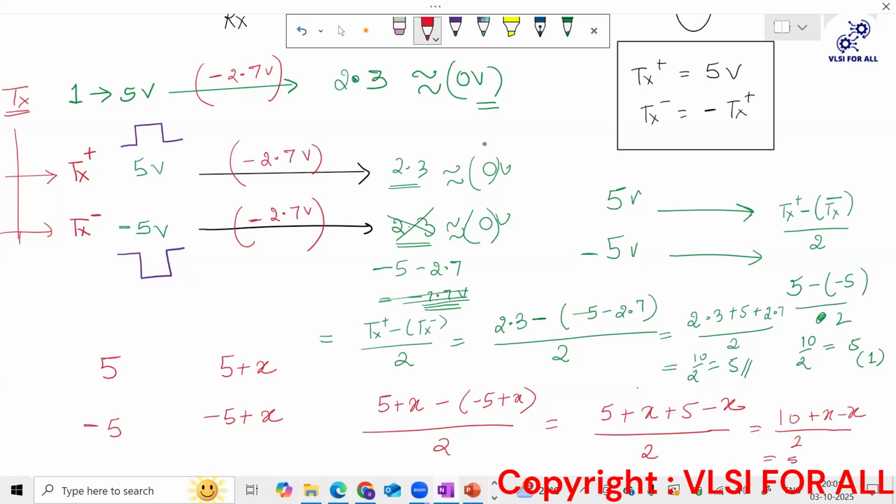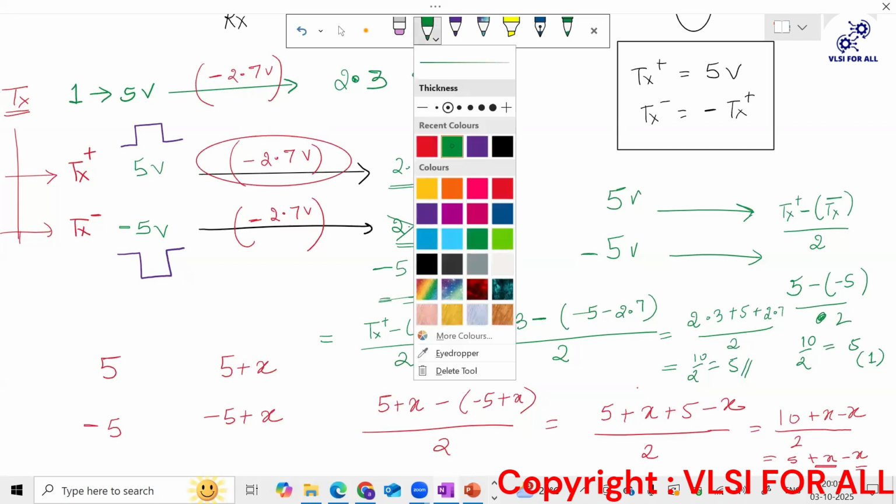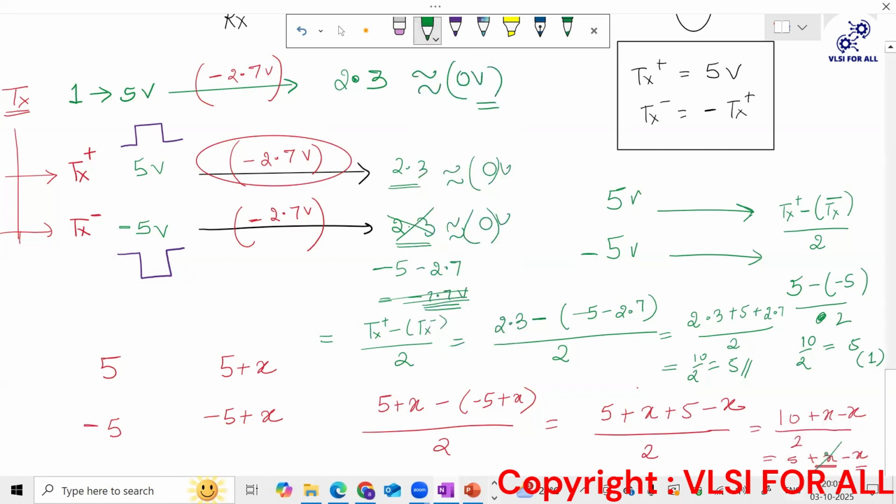It will become 5, with plus x and minus x cancelling. This plus x and minus x is nothing but this 2.7. So every time the noise cancels itself, noise will always subtract from itself, and you will get a perfect signal with zero error, irrespective of any value of x. You got my point?